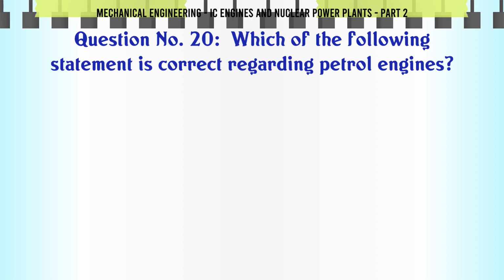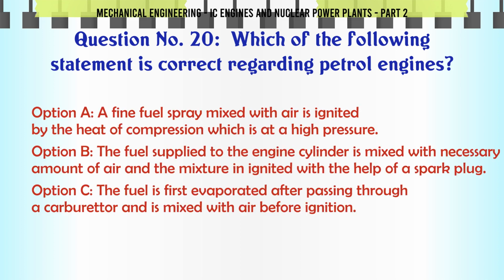Which of the following statements is correct regarding petrol engines? A. A fine fuel spray mixed with air is ignited by the heat of compression which is at a high pressure. B. The fuel supplied to the engine cylinder is mixed with necessary amount of air and the mixture is ignited with the help of a spark plug.